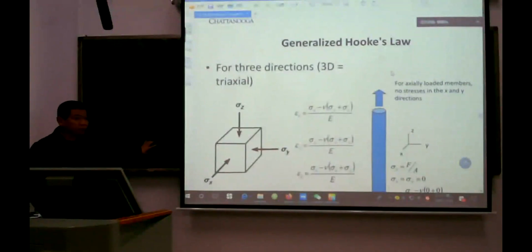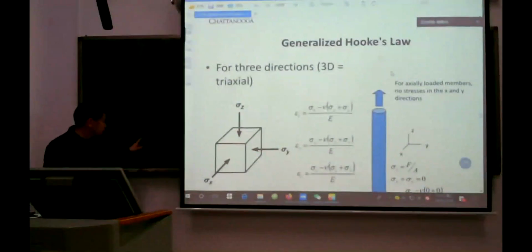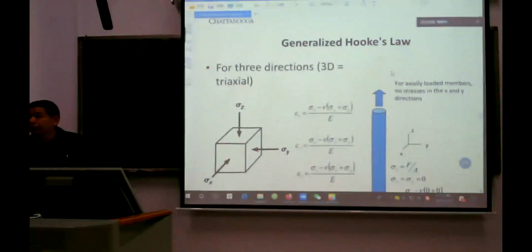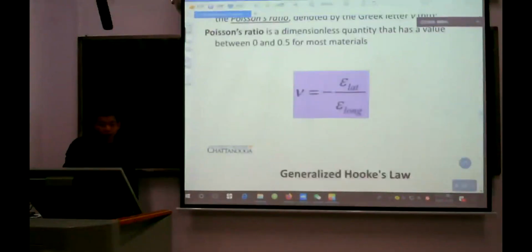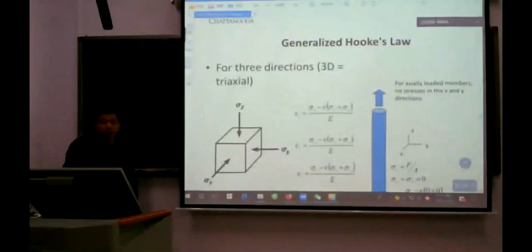The relationship is also proportional: shear stress is proportional to shear strain. But after I introduce the Poisson ratio, we can introduce the generalized Hooke's law.